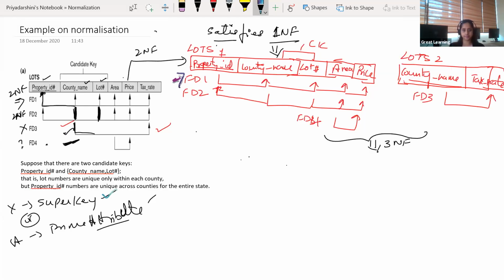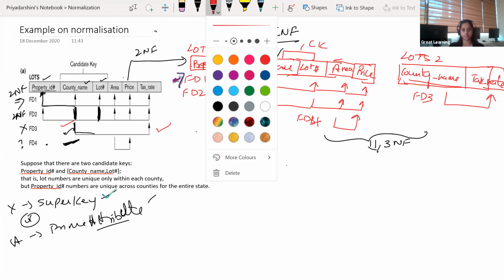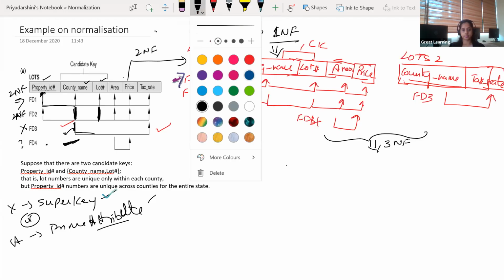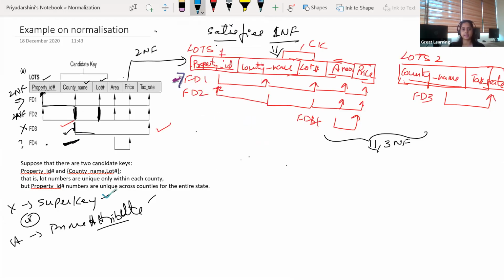X is a super key. Okay, let me check with FD1 now. Is X, property ID, a super key? Yes. So at least one condition should be satisfied, and it got satisfied here. So my FD1 is in 3NF.